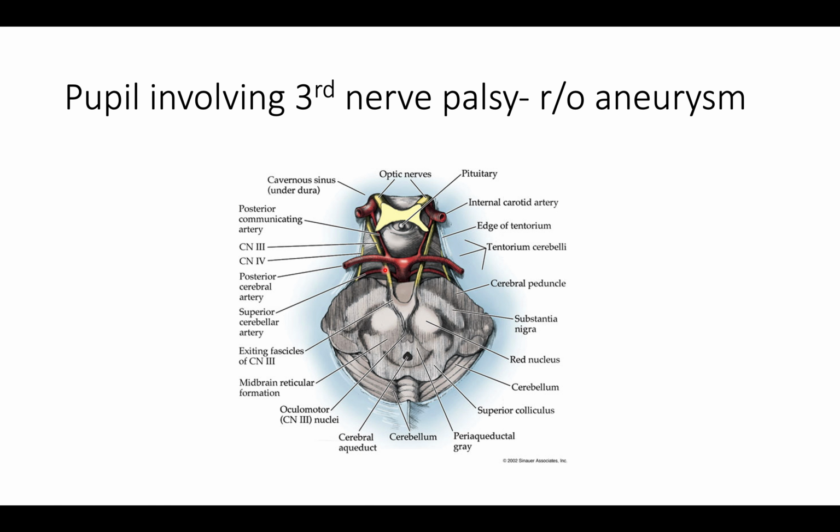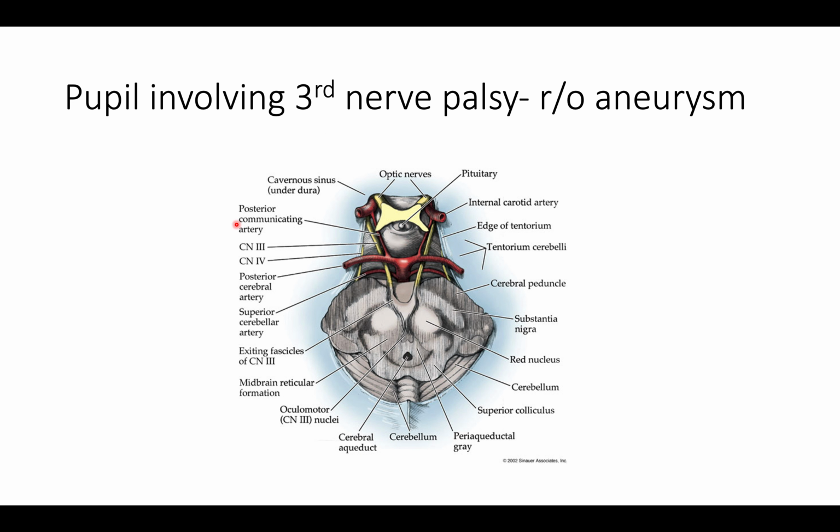When the lesion is coming from inside, the surface is not affected, for example, ischemia because of diabetes. So all the functions of cranial nerve number 3 are affected, except for constriction of the pupil, because the parasympathetic pathway is preserved.